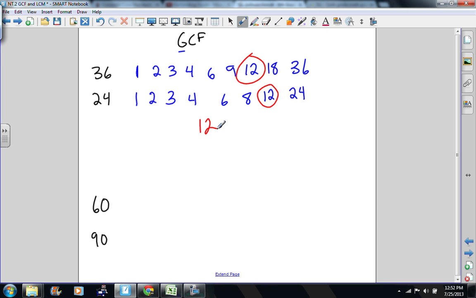Okay? One thing you can do to shorten up the process is always start with the biggest number. Okay? For both of these types, it's easiest to start with the biggest number. Okay? So I'm going to start with 90.